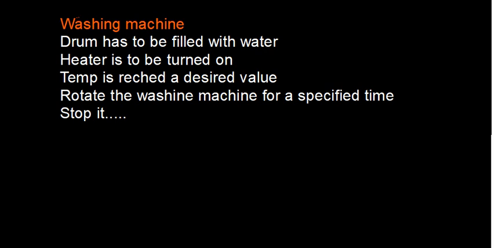Based on this problem, you will have the different inputs, different transitions, different actions and different outputs. Please try to listen to these words very carefully: inputs, transitions, actions and outputs. Based on that you will have to draw the sequential function chart, right?